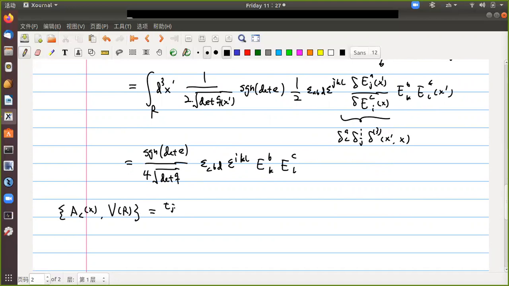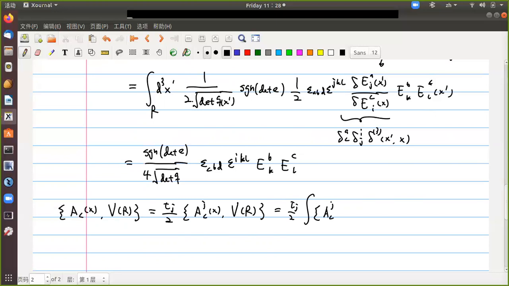So it's the tau J divided by 2 A, C, J, X, volume. And this equals to J. And you just use the product rule for the linearity of the Poisson bracket.